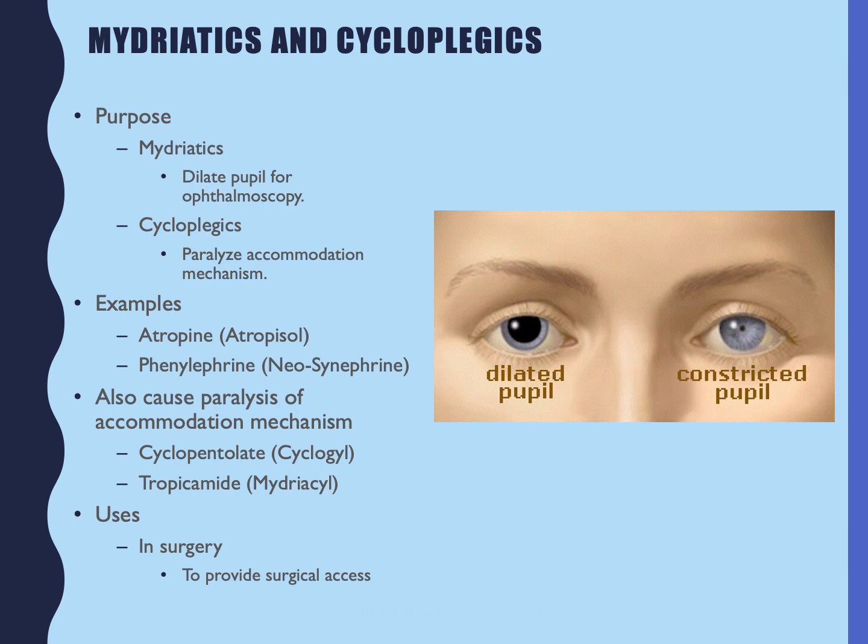And another thing about cycloplegics and mydriatic agents is that they do have some side effects, which include tachycardia, photophobia, dry mouth, edema, conjunctivitis, and dermatitis. In surgery, agents like these are going to be used to provide access to the eye so that they can see inside the eye. And remember, these are used to dilate the pupil.